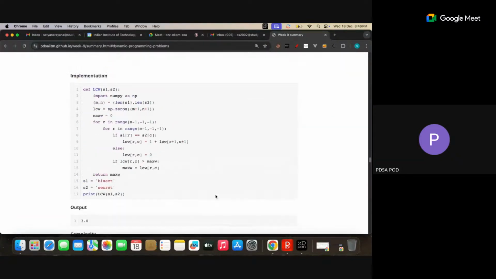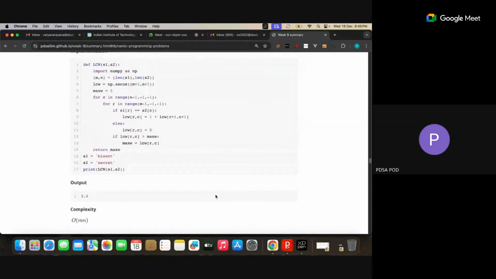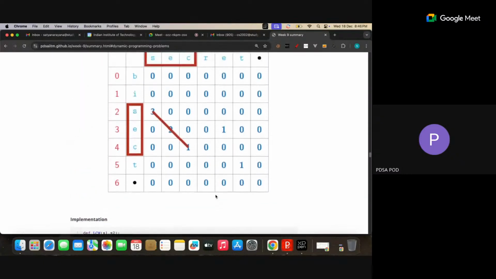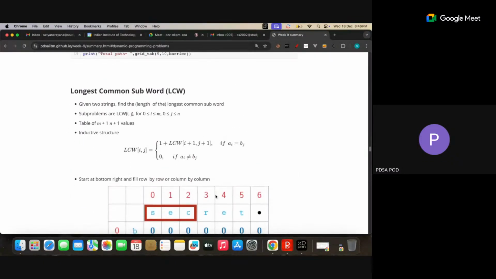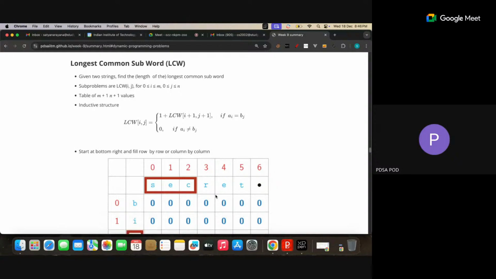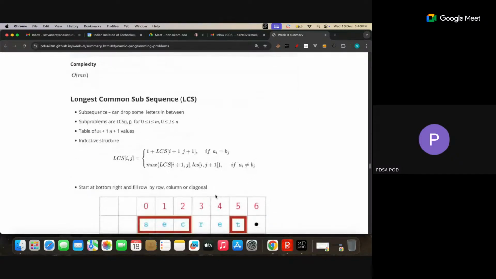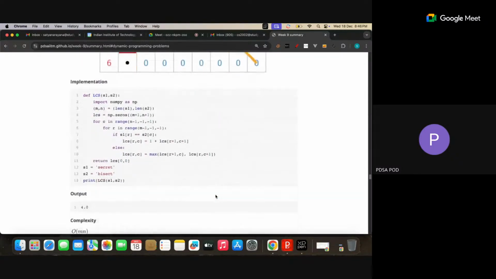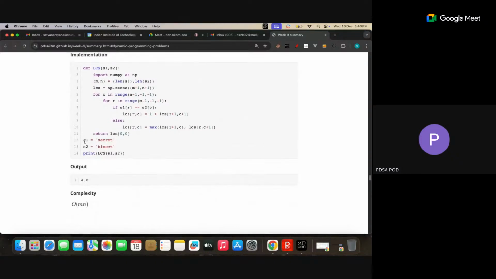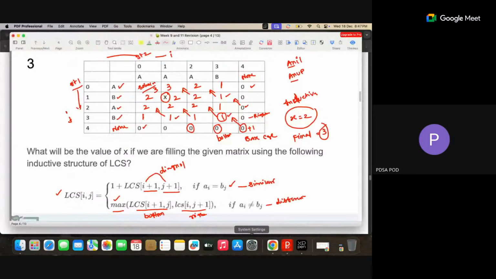If you would like to see the summary of it, LCW, subword, this is different. LCS, the longest common subsequence, is this. Here you look at it. Initially this matrix is filled with zeros, because we are additionally taking one extra row. As I said, the null character is there.